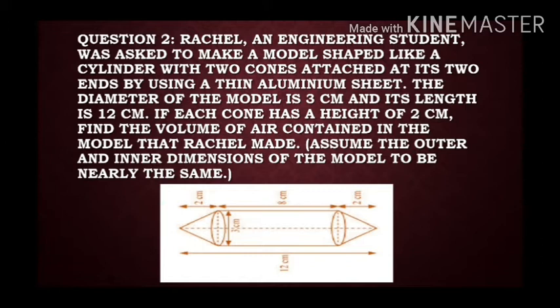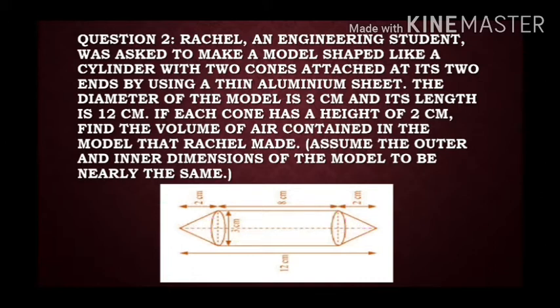If each cone has a height of 2 centimeter, find the volume of air contained in the model that Rachel made. Assume the outer and inner dimensions of the model to be nearly the same. Look at here, this figure is the combination of a cylinder and two cones fixed at the ends of the cylinder.